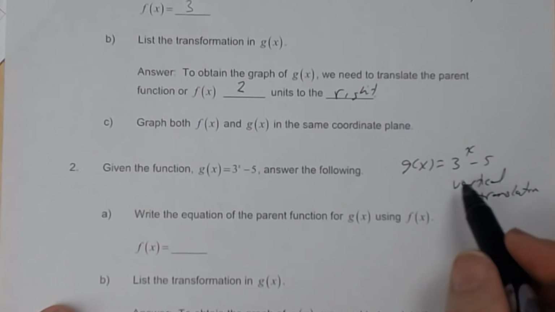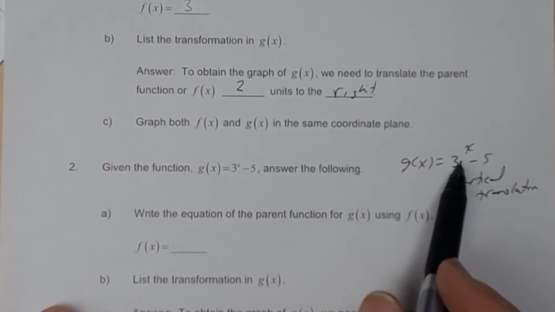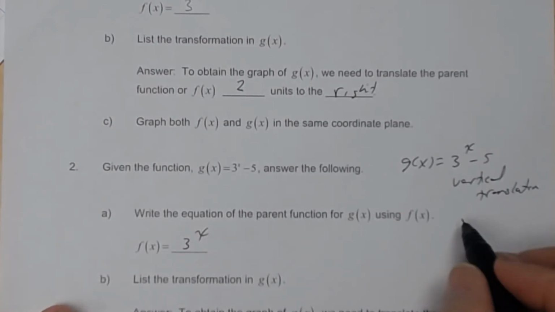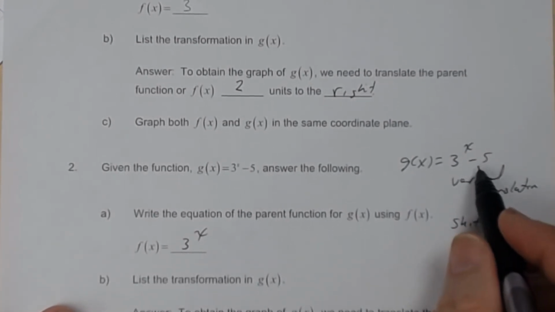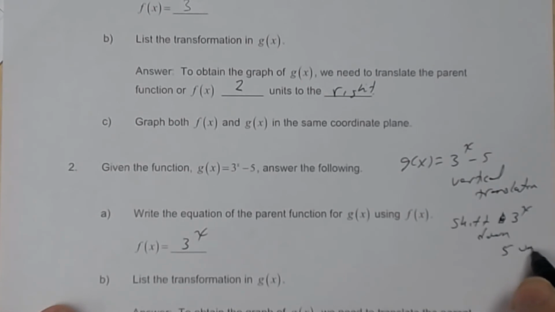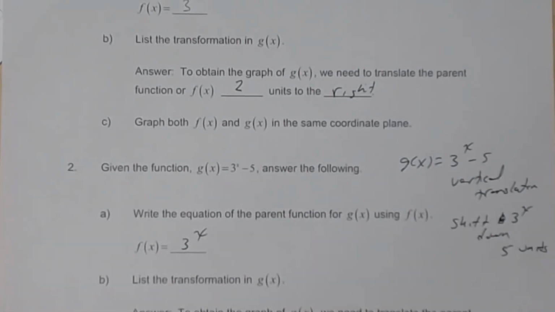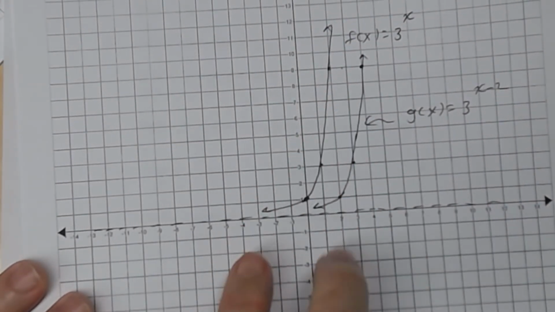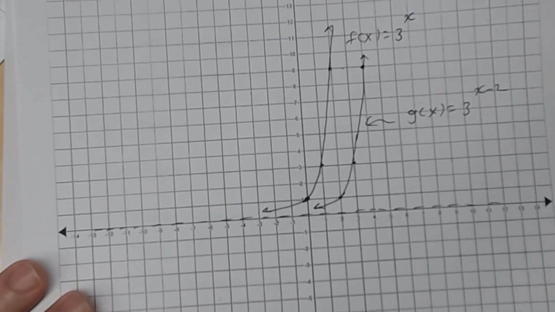Basically, you're going to take the parent function, which is still 3 to the x, and since c is negative, you're going to shift 3 to the x down 5 units. Everything will be moving down 5 units. This is your parent function right here. Even the horizontal asymptote, everything is moved down.